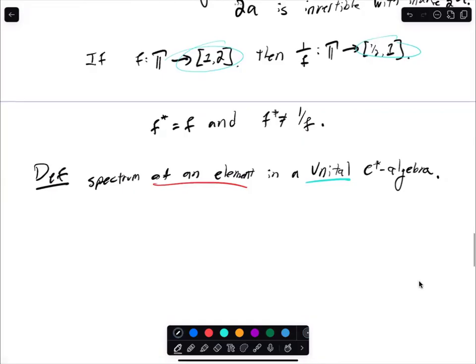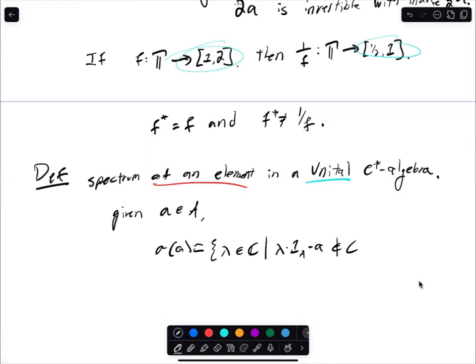So the spectrum of A. Given A in this unital C-star algebra, define the spectrum of A to be the set of all complex numbers lambda where lambda times the identity in A minus A fails to be invertible. Okay.